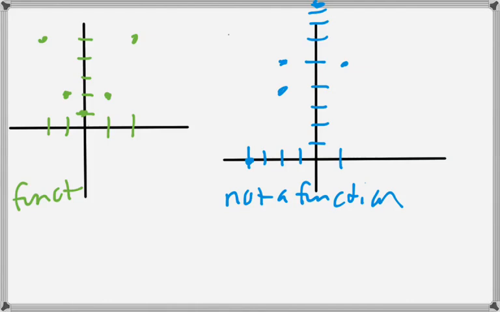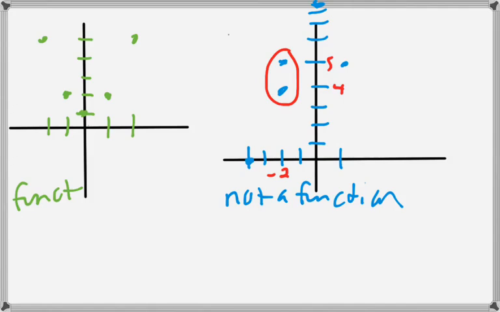So this second relation was not a function, we decided, because it has one input that is associated with 2 different outputs. It was the input of -2 that had 2 different outputs, one of 4 and one of 5. So those 2 points right there are the issue.